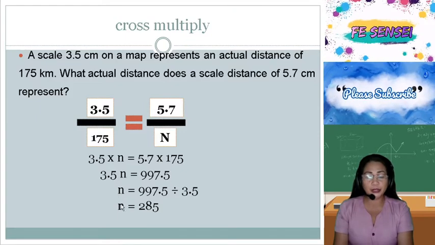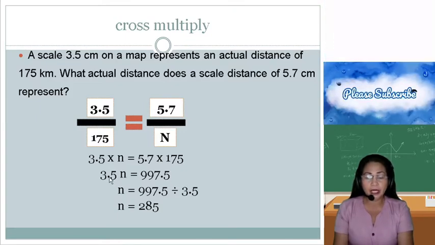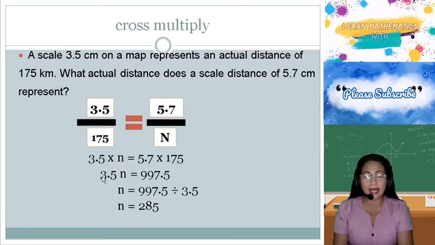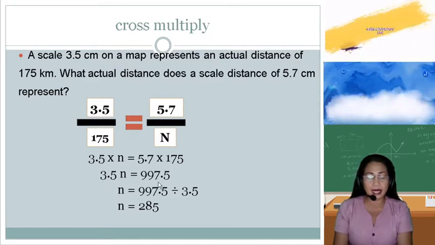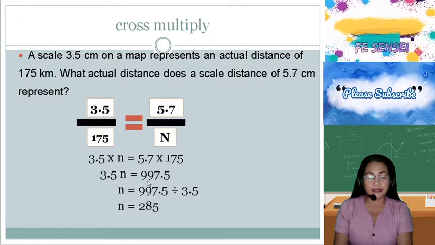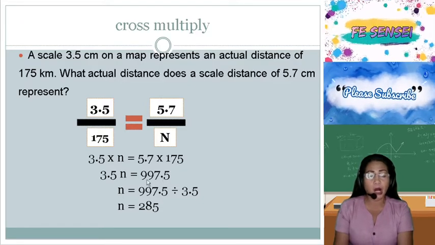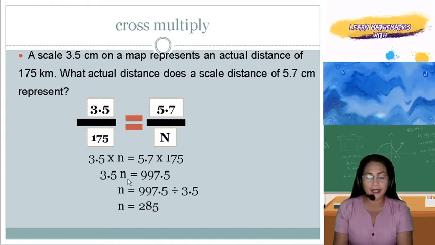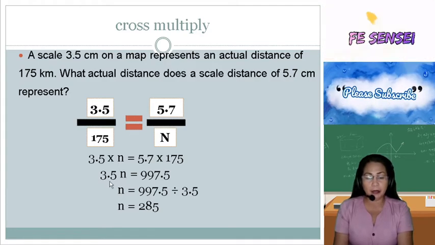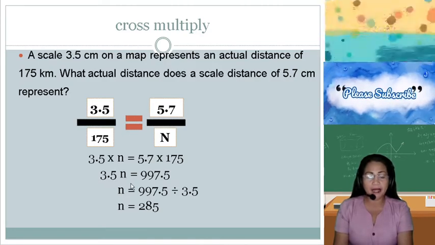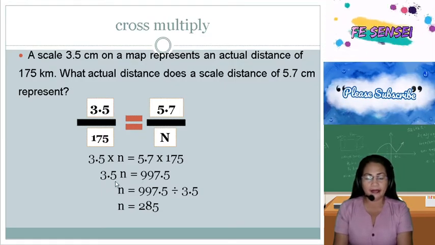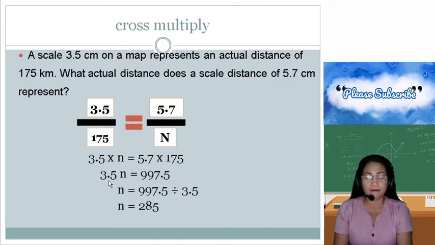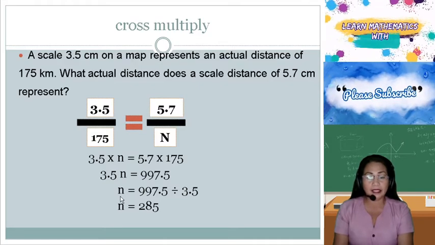So to get the value of n, just simply make 3 and 5 tenths a denominator of 997 and 5 tenths. Or just simply divide both these numbers by 3 and 5 tenths. So 3 and 5 tenths n divided by 3 and 5 tenths, what remains is n.